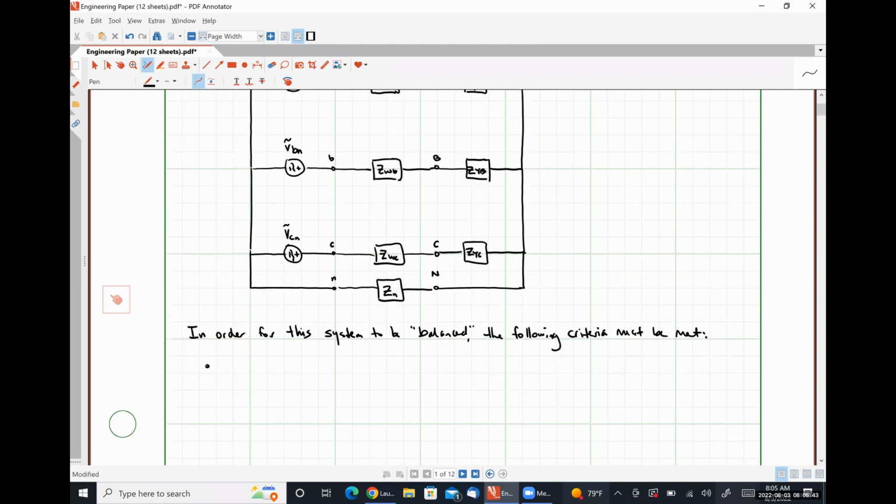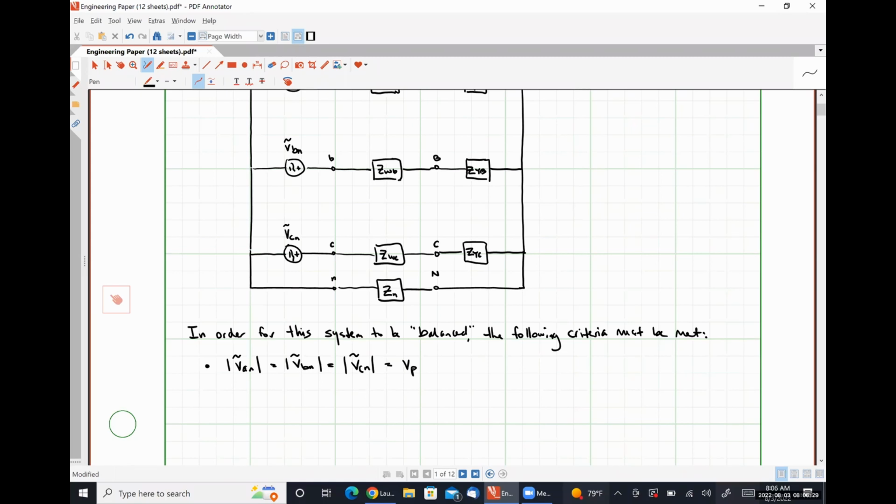So our first criterion is that the magnitude of the phase voltages at the source are equal, meaning that the magnitude of VAN has to be exactly the same as the magnitude of VBN, which needs to be exactly the same as the magnitude of VCN. And we will simplify this and call this VP, where this just means phase voltage, okay? So our magnitude of our phase voltages must be equal in order for this system to be balanced.